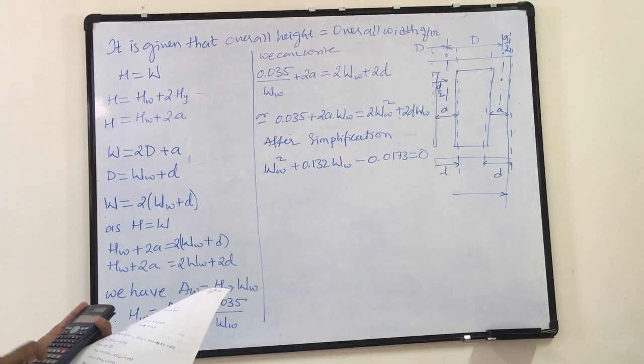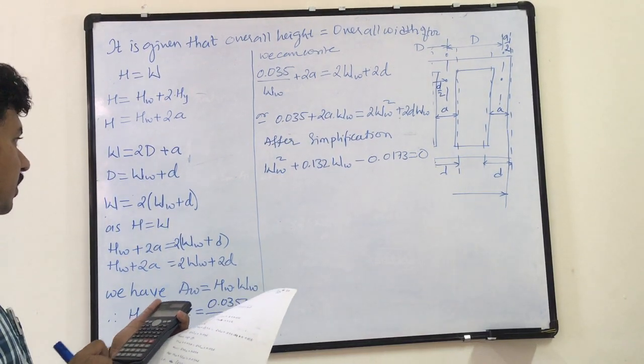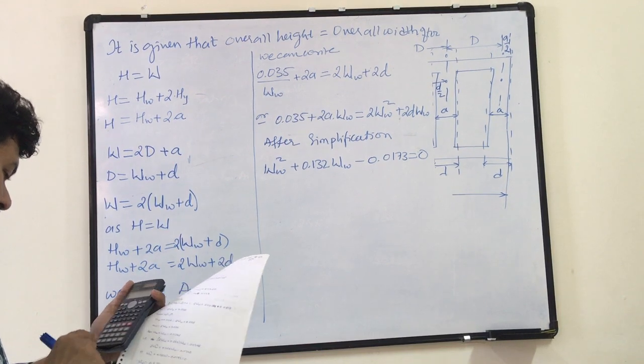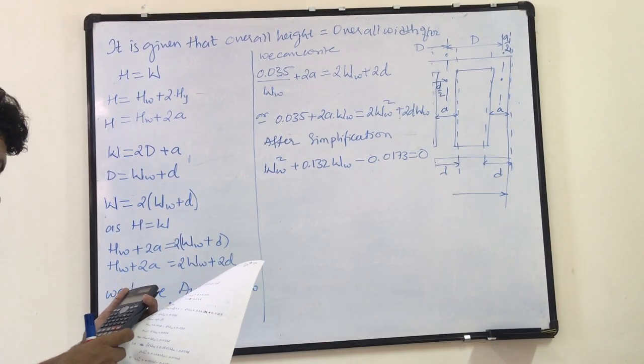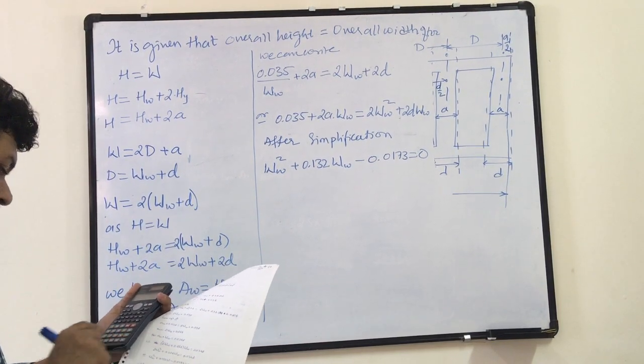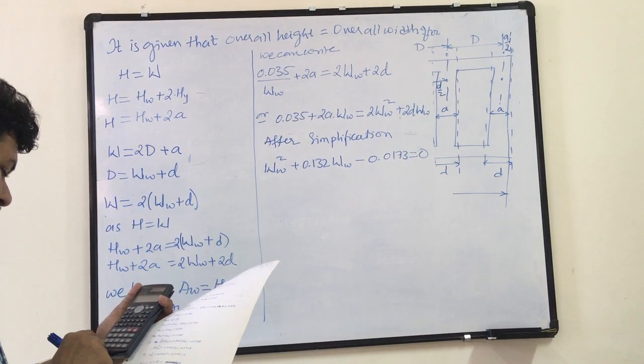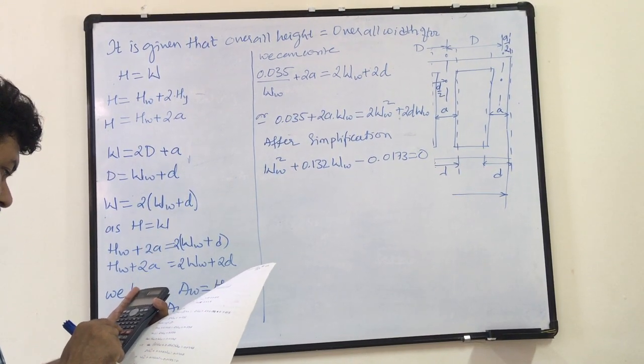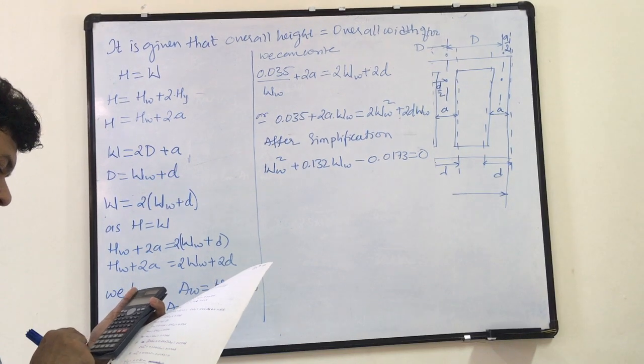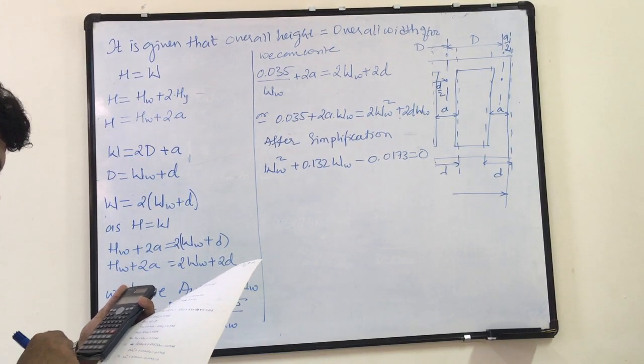So A is 1, B is 0.132, C is minus 0.0173.